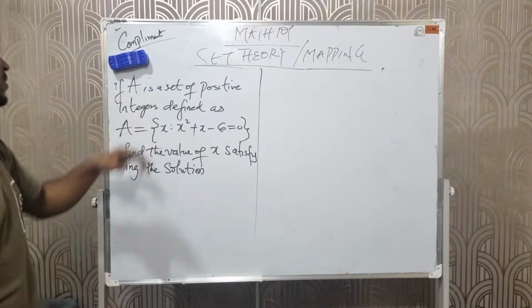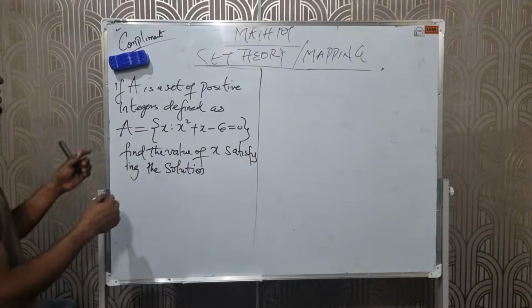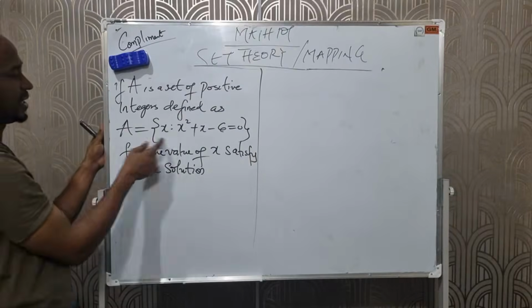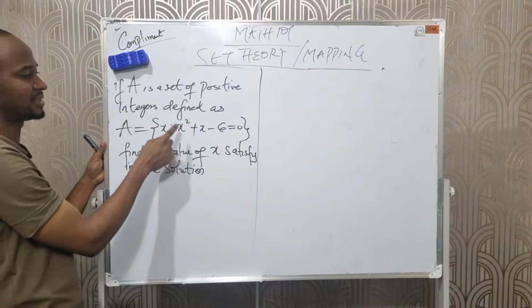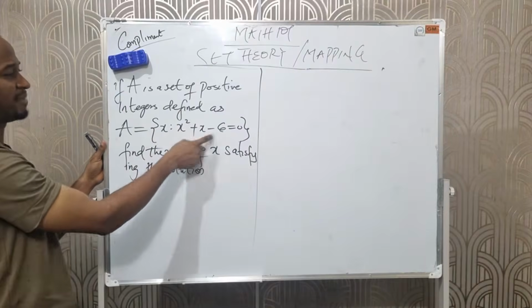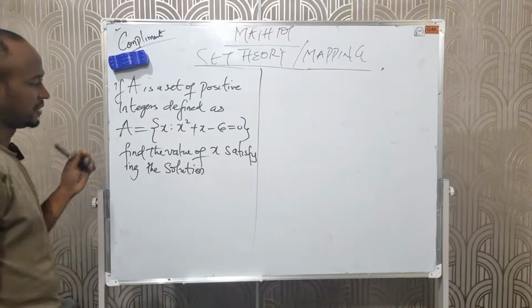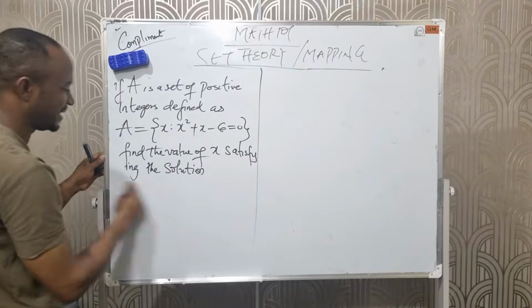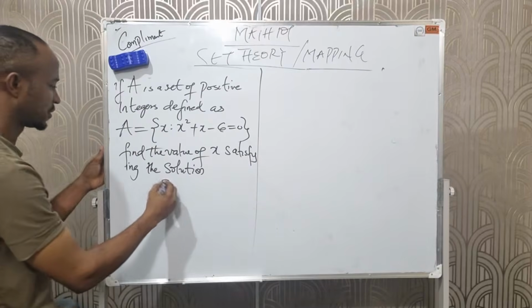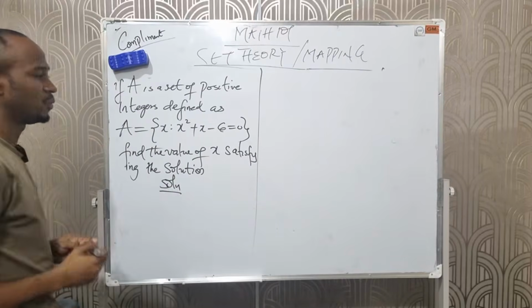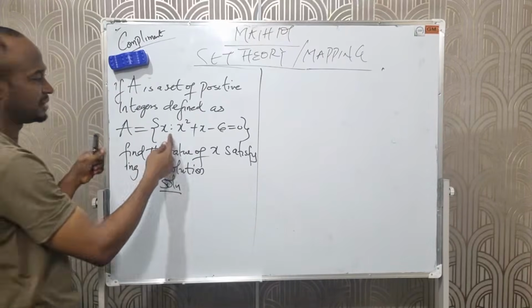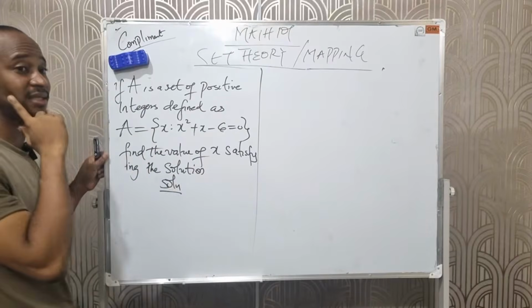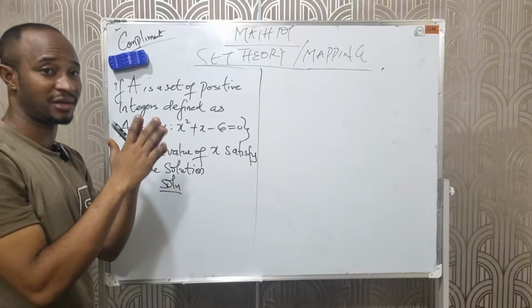If A is a set of positive integers defined as A equals x, such that x squared plus x minus 6 equals 0, find the value of x satisfying the solution. The solution is this. What we are going to do here is to bring out this quadratic equation and see how we can factorize it.